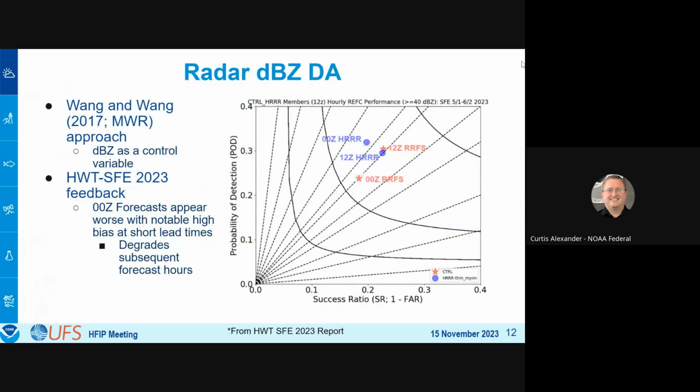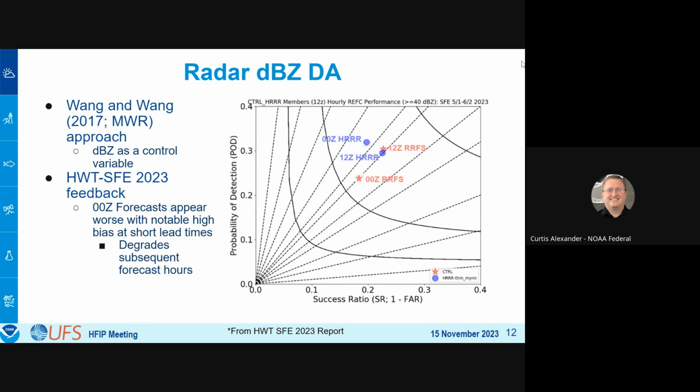We're also assimilating radar reflectivity. We have the reflectivity as a control variable. Again, this is leveraging some OU MAP work, contributing to the radar DA, both in the EnKF ensemble as well as in the EnVar for the control analysis.